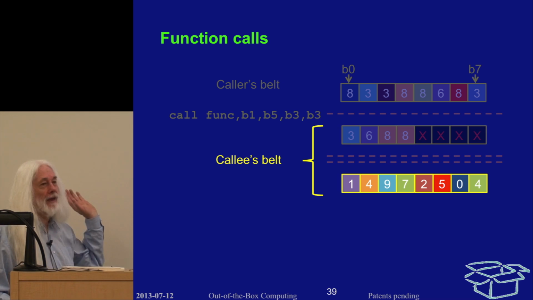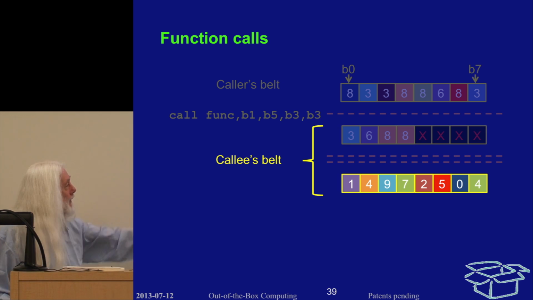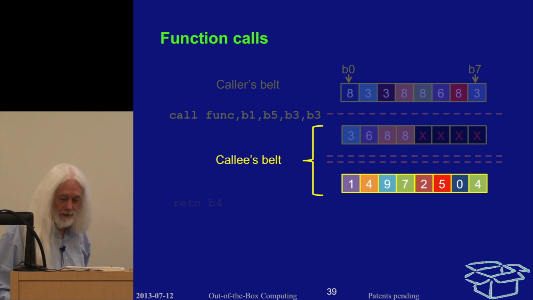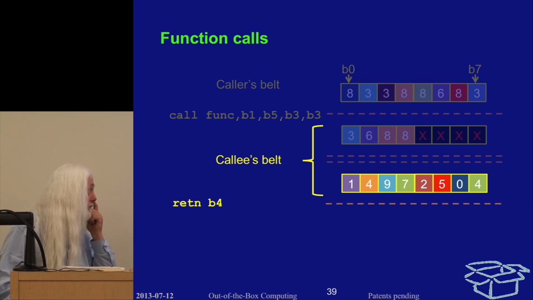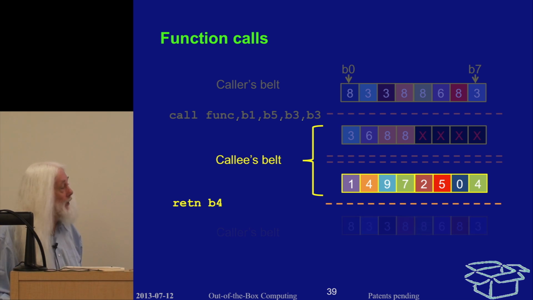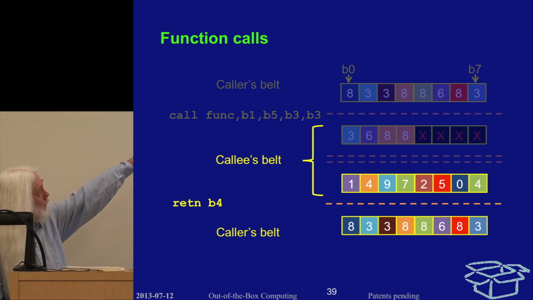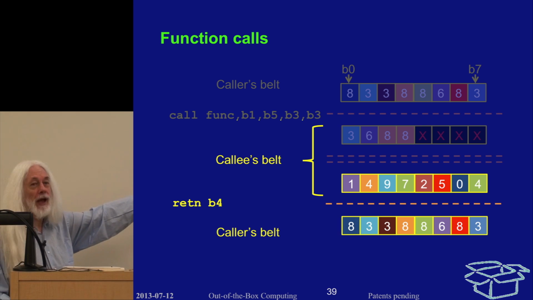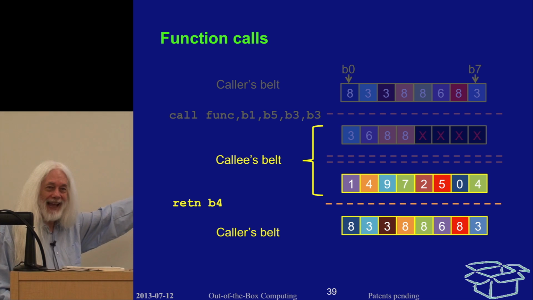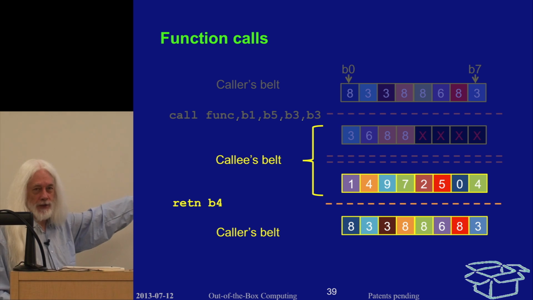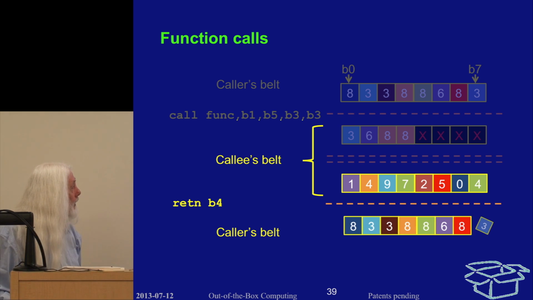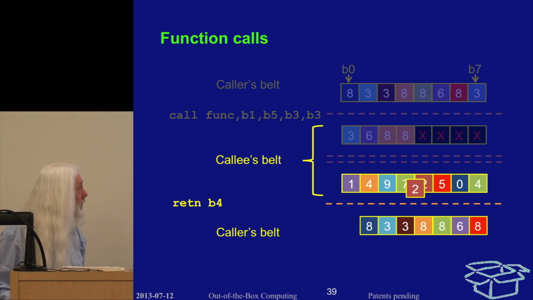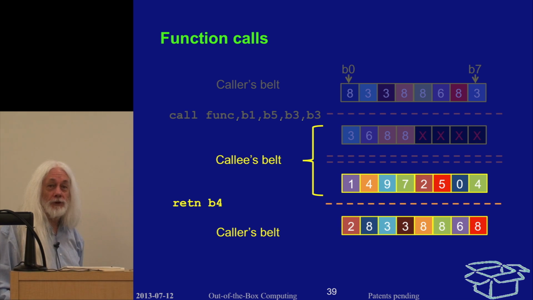And let's say at the end, when he's all done, he gets this belt. And he executes a return operation. 1 cycle later, the original caller's belt is now available, untouched, unchanged, where the new result is dropped.